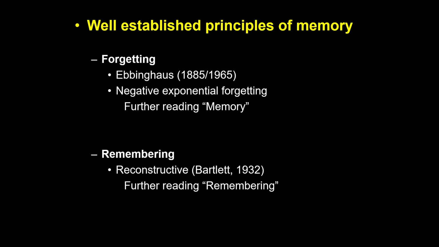We've known for a very long time, beginning with the work of Bartlett in 1932, that memory is a reconstructive process. It's put together, and memory is very much not a video recording of our experiences, but rather something that is forgetful. And when we want to remember things, we've got to reconstruct our memories.